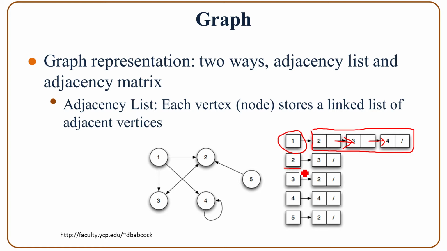Similarly, we can see the linked list for node 2, the linked list for node 3, the linked list for node 4, and finally the linked list for node 5. All the linked lists have only one node in them.